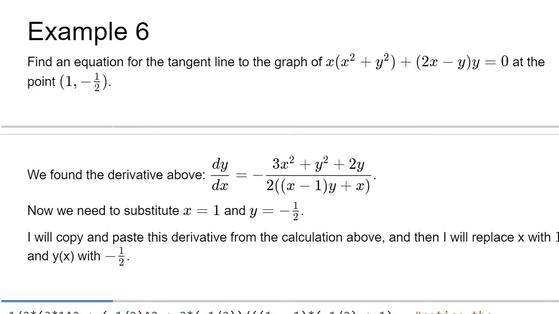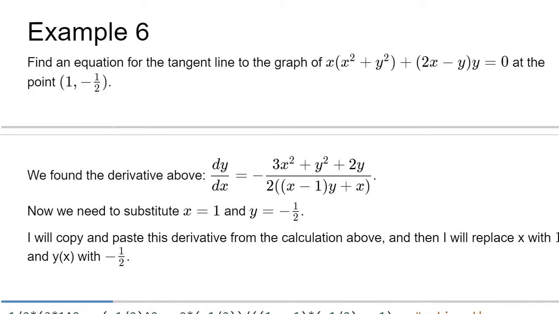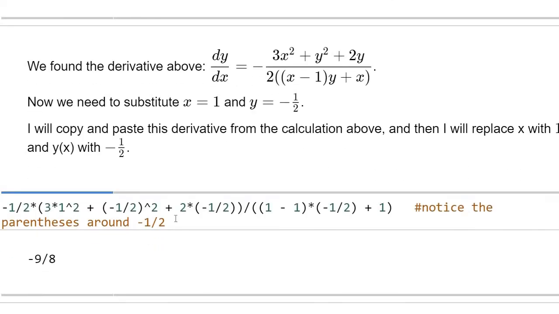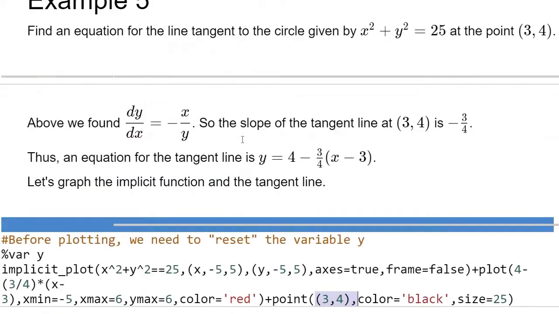Let's go back to that one with a little loop. We've calculated the derivative up above. It turned out to be this. I want to plug in the particular point (1, minus a half) and find the tangent line at that point. So I need to substitute into this messy derivative formula x equals 1 and y equals minus a half. There are different ways you might do this. The naive approach would be copy and paste. So I went up above to the derivative and highlighted and copied.